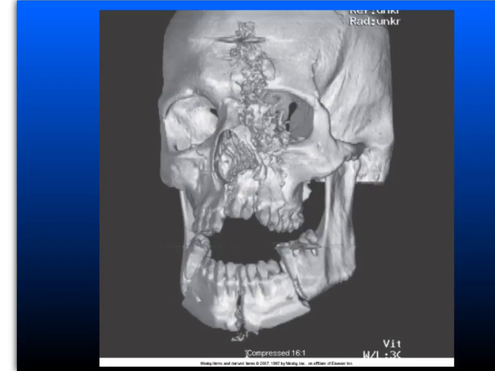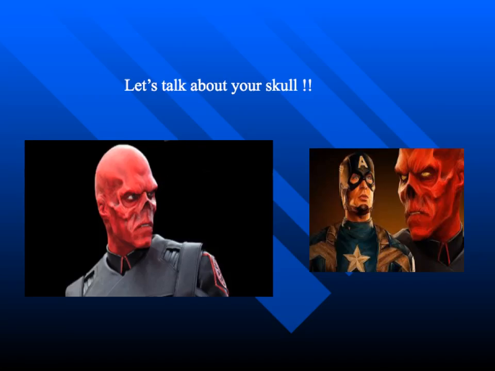Once they did all the axial plain CT images, they did a reconstruction like this so that the radiologist can see where it is that's fractured. The mandible is fractured, the bullet went through the base of the skull and fractured a bunch of stuff. Things like that you'll be able to see in CT.